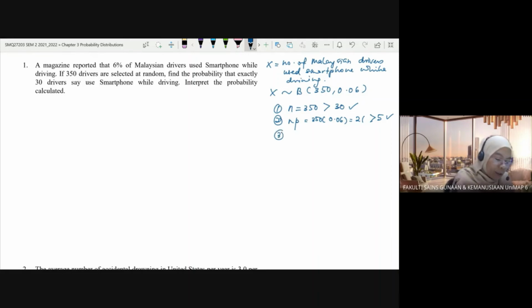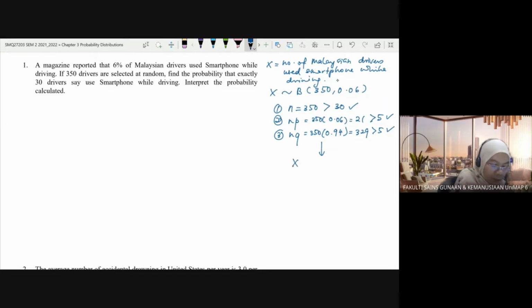And the third one that you need to check is nq. Okay, so number of trials multiplied with the probability of failure. So 350 multiplied with 0.94. So in this case, you will get 329, and it is greater than 5. So the third condition is also fulfilled. Having said this, then we know that the approximation can be done.